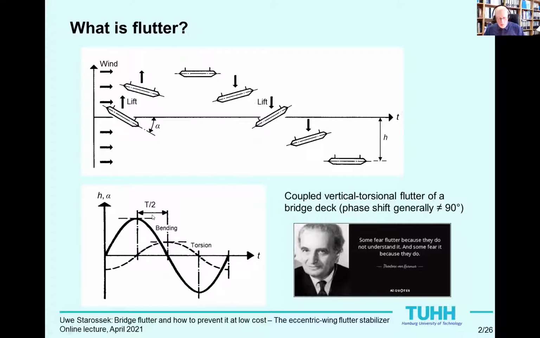When the bridge deck moves vertically and passes through the neutral position, note that the vertical velocity at this point in time is at a maximum. The rotation, alpha, is also at a maximum, and therefore also the lift force on the bridge is at a maximum.